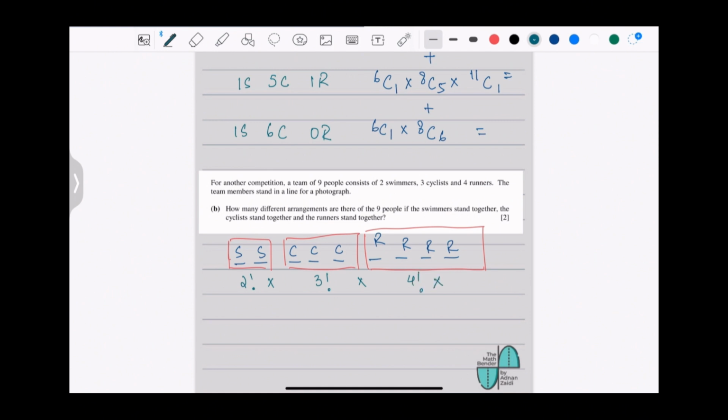Now these are 3 boxes: 1s, 1c, and 1r, which means that this is going to be 3 factorial. So times 3 factorial eventually. The reason being that I've enclosed 2 swimmers in one box, making it a big swimmer compartment, 3 cyclists in one box, making it a cyclist compartment, and 4 runners in one box, making it a runner compartment.